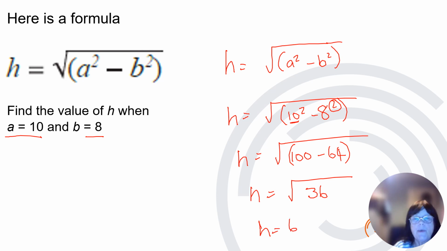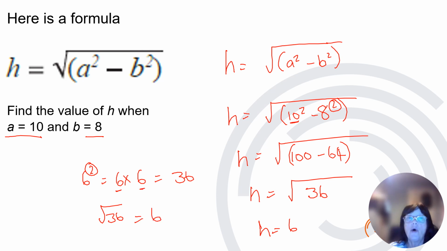Just to make sure we understand what square roots are, 6 squared means 6 times 6, which is 36. So the square root of 36, what did we multiply by itself to get 36, is 6. So the answer to this one is 6.